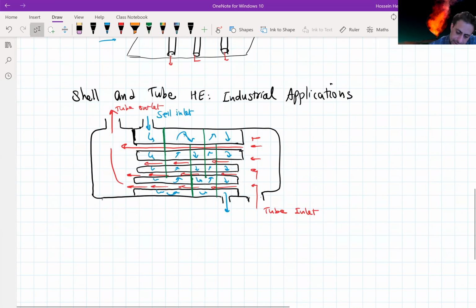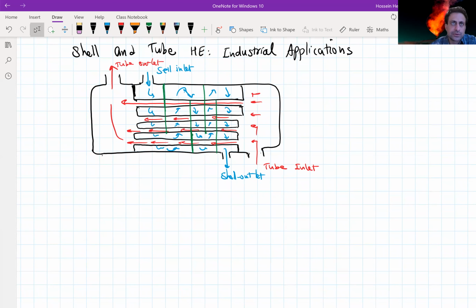And then we have the shell outlet, the fluid that is getting into the shell outlet. So this is a typical shell and tube heat exchanger.